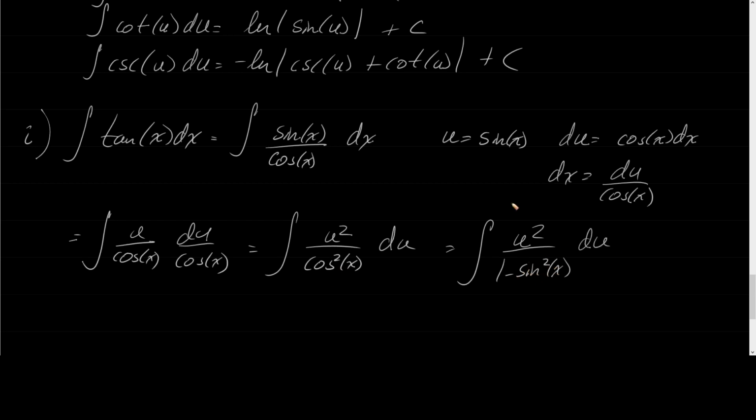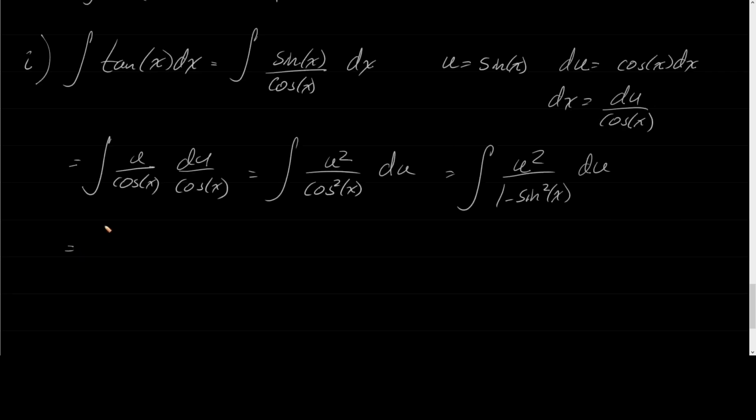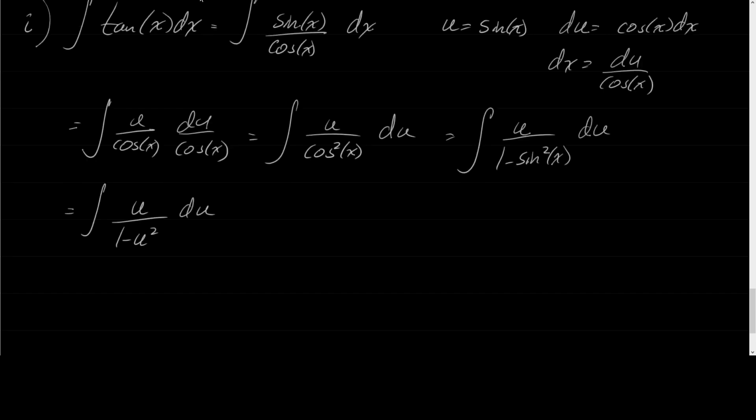And why do I want that? Because, well, now sine is u. So what I can do here is I can rewrite this as the integral of u over 1 minus u squared du. Way better, right? At this point, what do we need to do here?